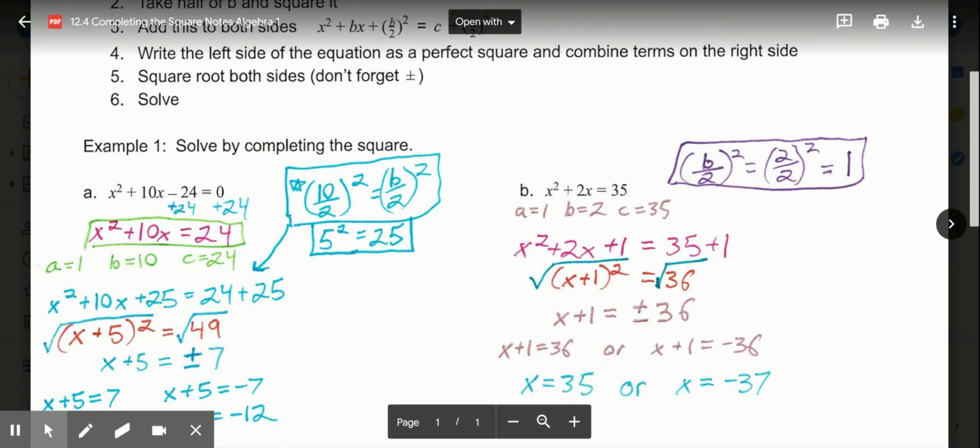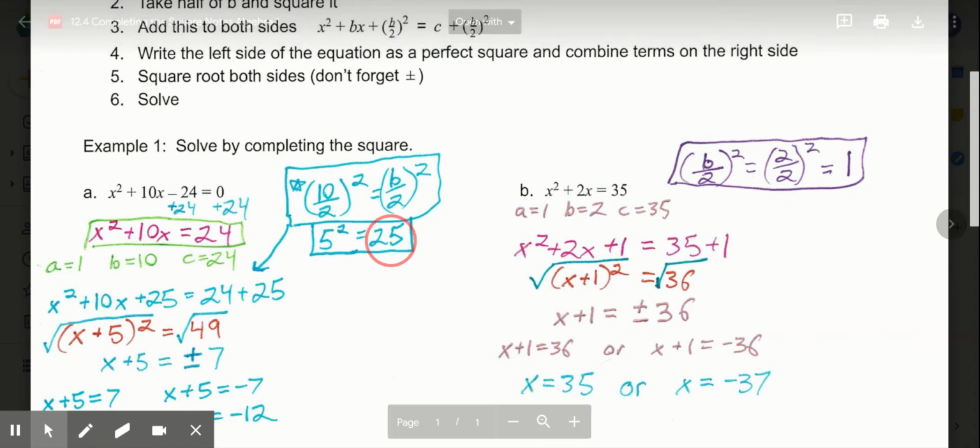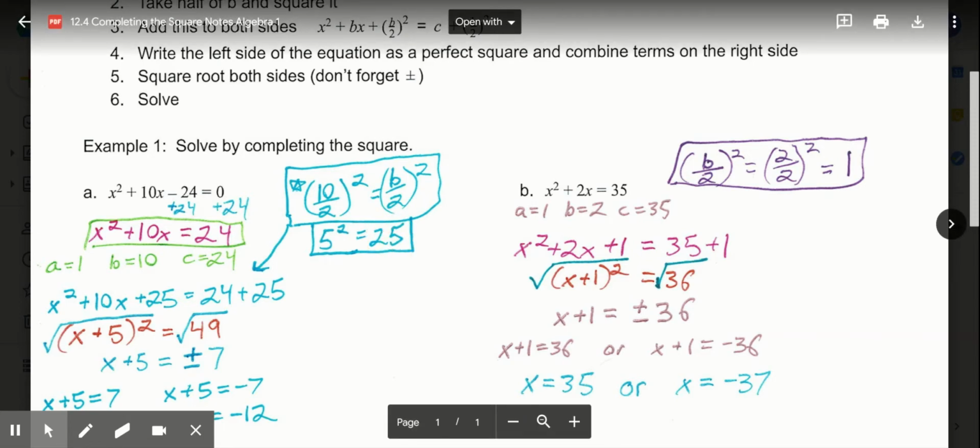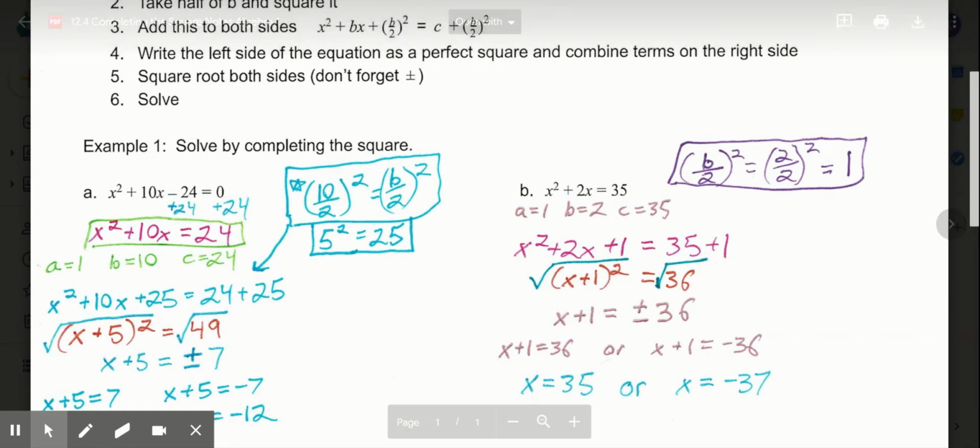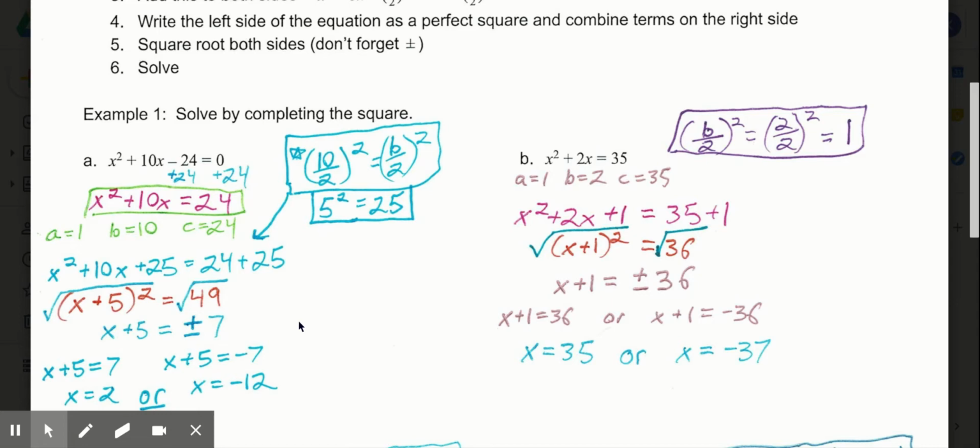So when we plug this in, we are going to take that value, the half of b squared, and add it to each side. So our left-hand side becomes x squared plus 10x plus 25 equals, and the right-hand side becomes 24 plus 25. So the right-hand side, 24 plus 25 is 49.